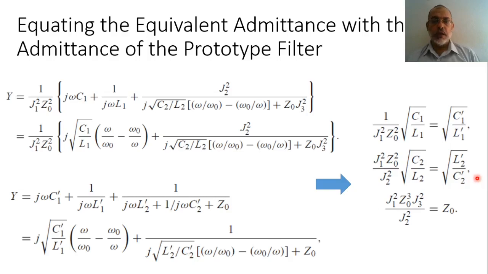And finally, we can prove that J1 squared Z0 cubed J3 squared over J2 squared, this term multiplied by this term over this term, would equal this term Z0.